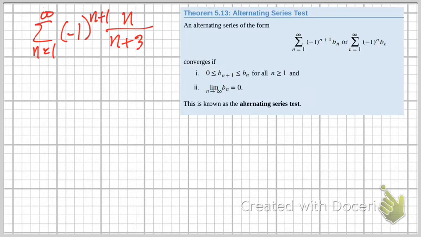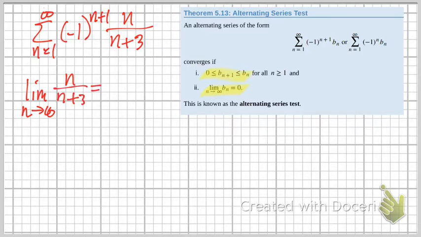But if we look at this first condition here, that has to be decreasing. And also, the limit of b sub n has to equal 0. So for this one, I'm going to pick the second condition because that's easier to see. So all I have to do here is take the limit as n goes to infinity of n over n plus 3.